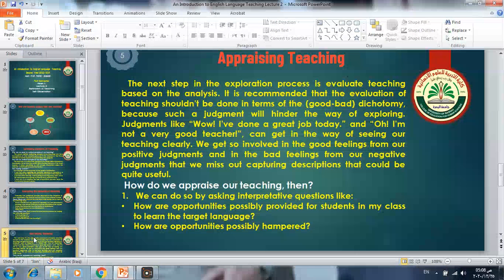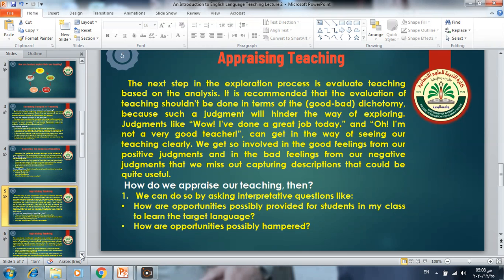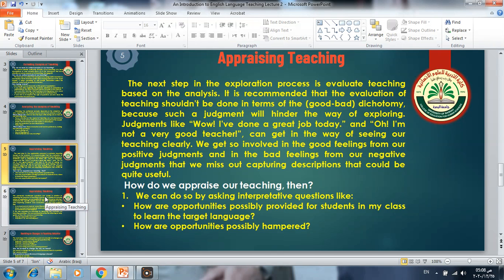And how are opportunities possibly hampered? You ask yourself this question to see if you have provided them these opportunities, or if you did not provide them with such opportunities.